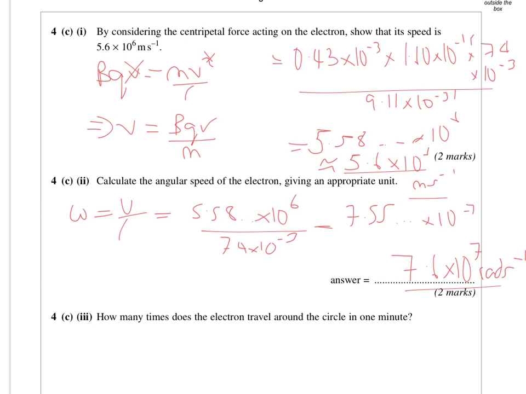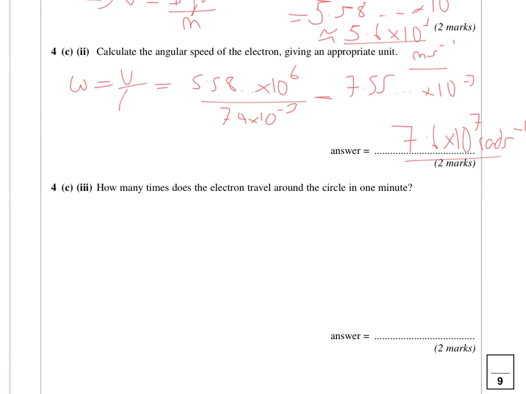Correct unit there. How many times does the electron travel around the circle in 1 minute? Okay, so the time is 60 seconds, so the angular displacement it covers is 7.55 times 10 to the 7 times 60, so that is 4.5 times 10 to the 9 radians.